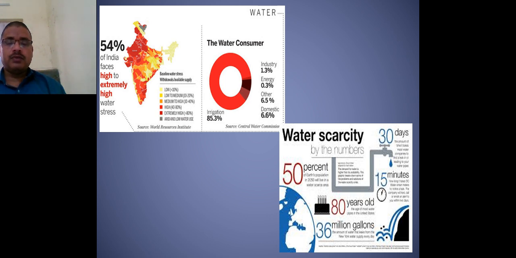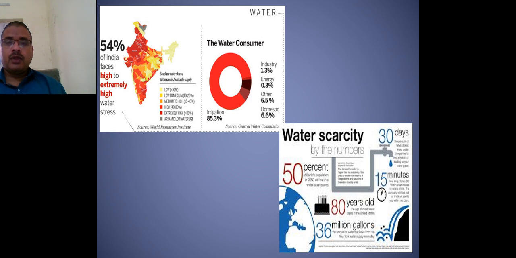When it is solid, it is considered ice. It is water present in solid form. When it is liquid, whatever we are drinking is basically water. And whenever we boil it, it vaporizes. There are three phases of water.